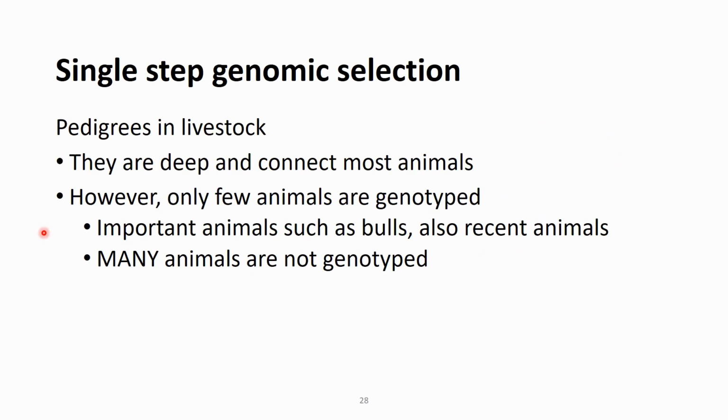Pedigrees in livestock are deep and connect most of the animals, but especially in large populations, only relatively few animals might be genotyped. So the few is, of course, in relative terms, but let's say a lower proportion of the animals are genotyped. And these include mostly the most important bulls and recent animals.